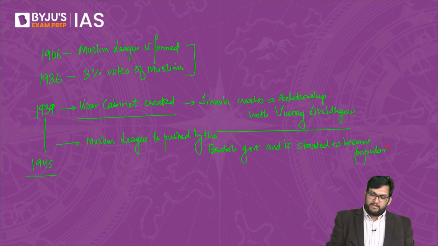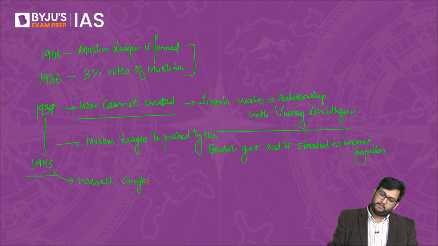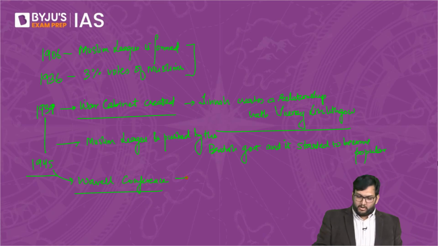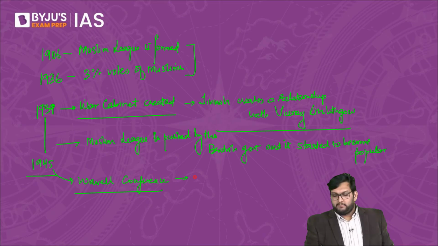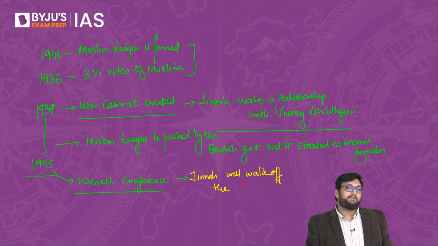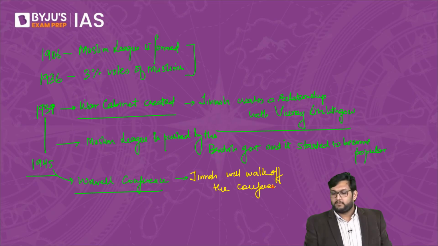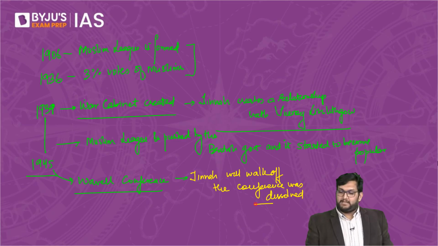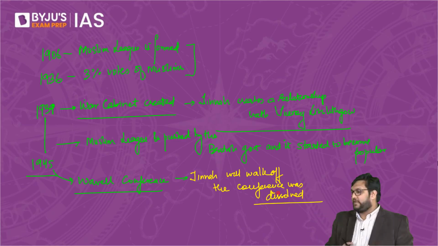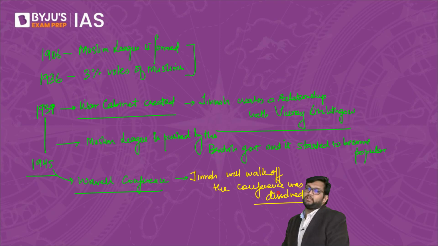But the turning point will be the 1945 Wavell Conference. When Jinnah will walk off, the fool called Wavell, the conference was dissolved. Basically, if Jinnah doesn't stay, we don't have a solution.